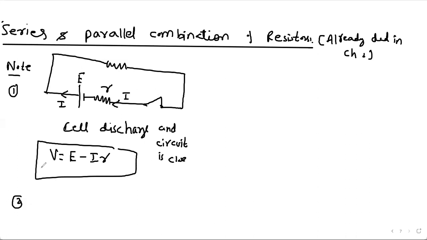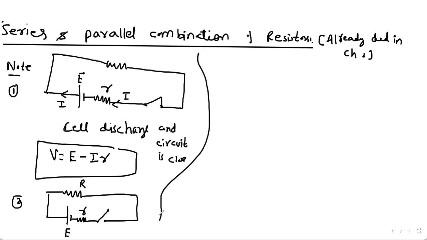But in the same circuit, if I open the circuit, meaning the key is open, with small r, capital R, and the EMF of the cell, then I becomes 0.